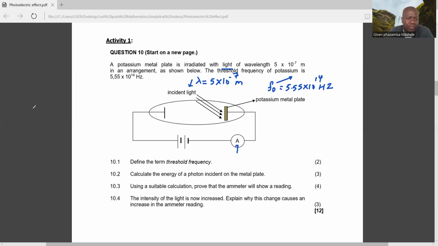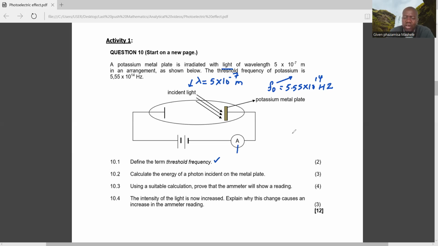Now, because we are given the information, the first question says define a threshold frequency or a cutoff frequency. As I said, that is the minimum amount of frequency that is needed to eject electrons from the metal surface. So we went through that. Then secondly, it says calculate the energy of photons incident onto the metal surface.